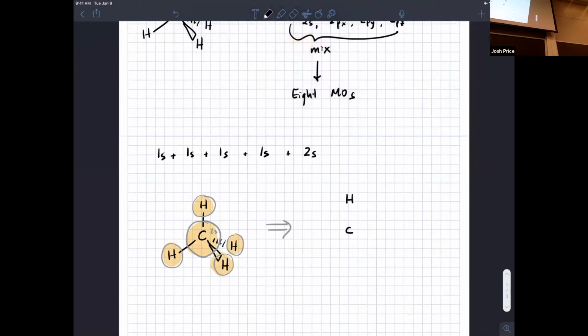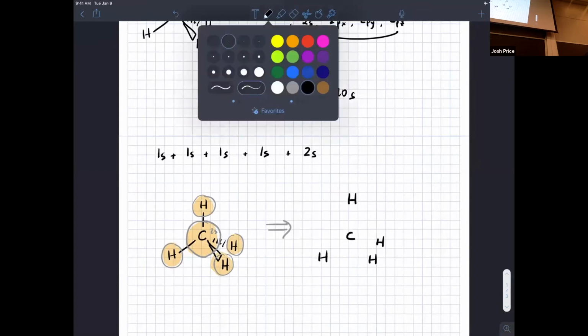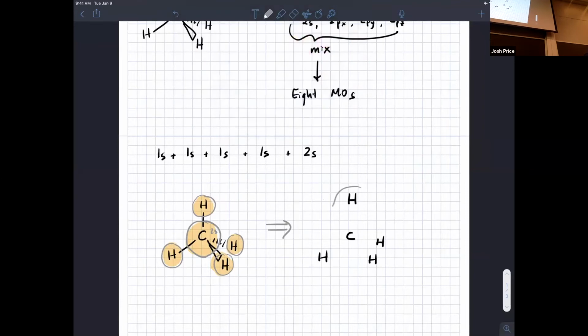I'm going to no longer show lines between the atoms, but you can see they're still arranged in the same way, so they still have this tetrahedral arrangement. The orbital we make from all of that is a single molecular orbital that encompasses all of those atoms.